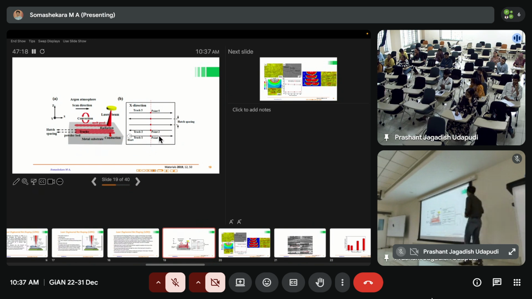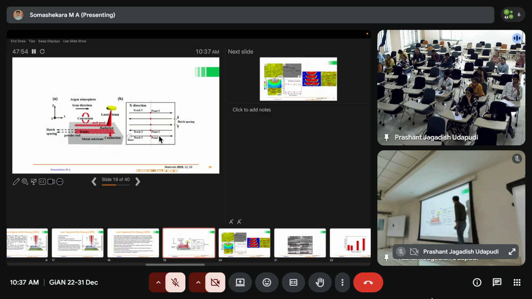But what will make a huge difference is the different path planning. You are generating a lot of heat while depositing, and how you take advantage of that heat is important. For example, if you start here and go like this, you have generated some heat here, which may be less compared to the heat here, which will be more.